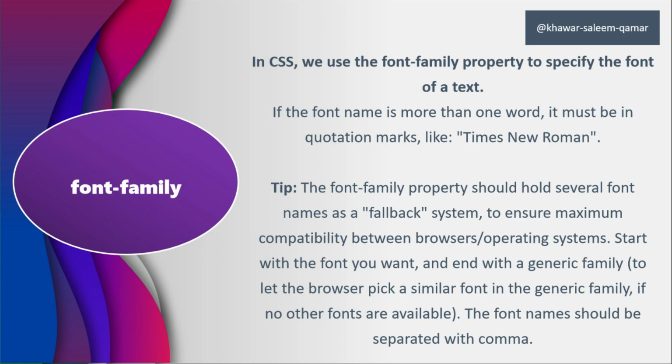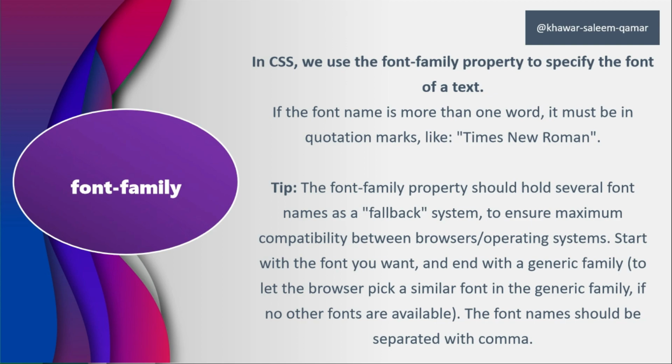Another tip, the font-family property should hold several font names as fallback for the system to ensure maximum compatibility between browsers or operating systems. So what is this fallback system? We are going to talk about them in our upcoming slides, but the fallbacks are fonts that are used by the browser if the primary font you are using isn't available or somehow it couldn't use it.